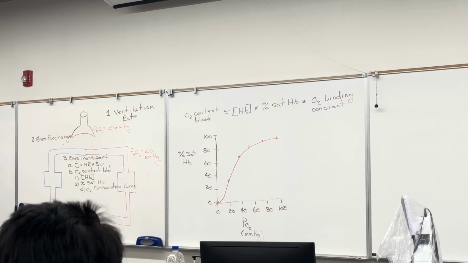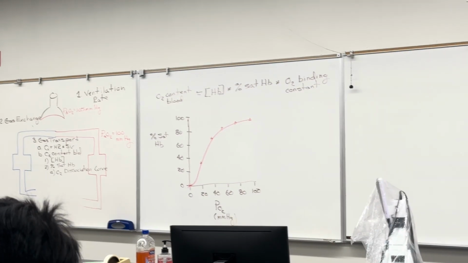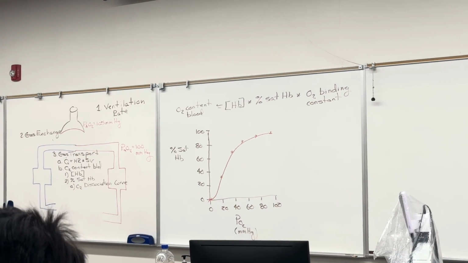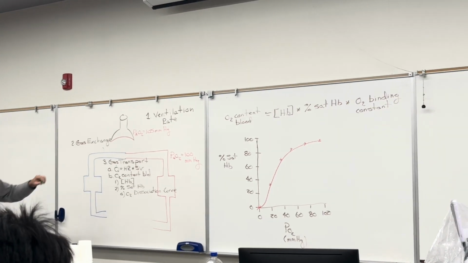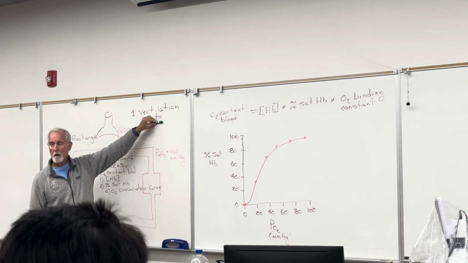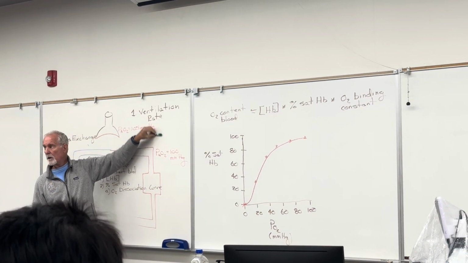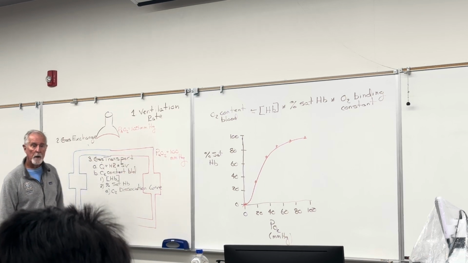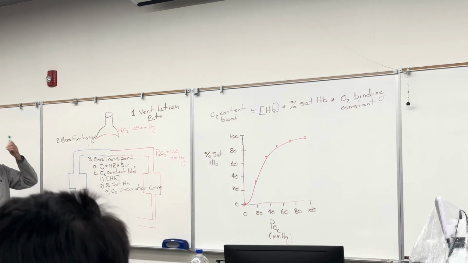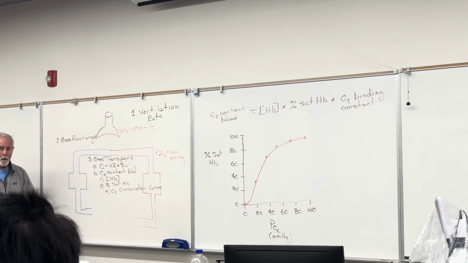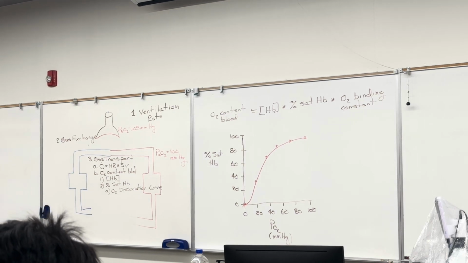So this 5-step model, there's a lot of information in it. And make sure that all the things that I've described for you related to ventilation are all underneath step number 1. And now we've transitioned to think about what determines gas transport. There are 2 primary factors that determine gas transport: cardiac output and the oxygen content of the blood.